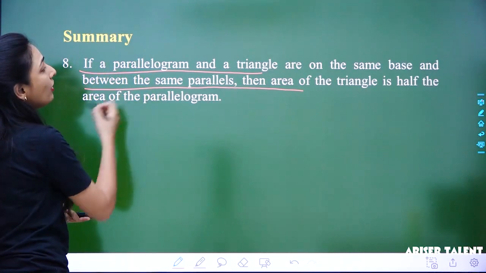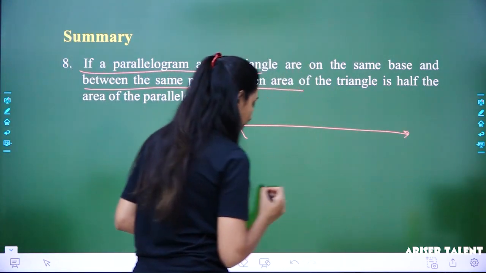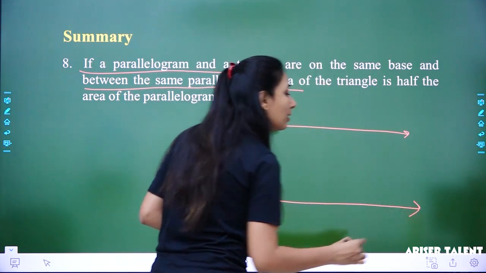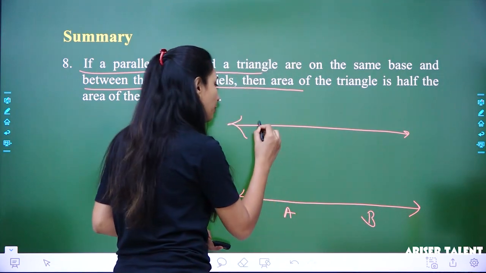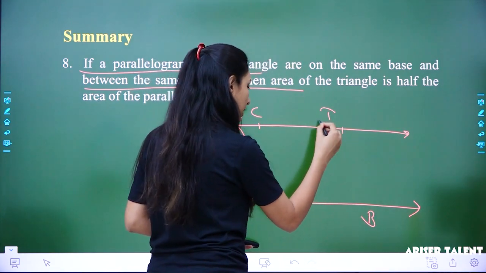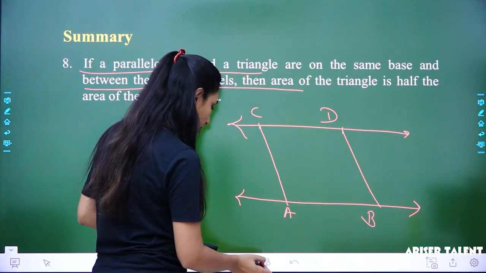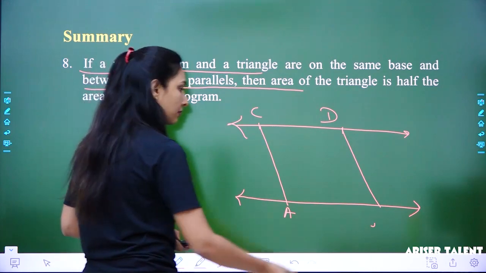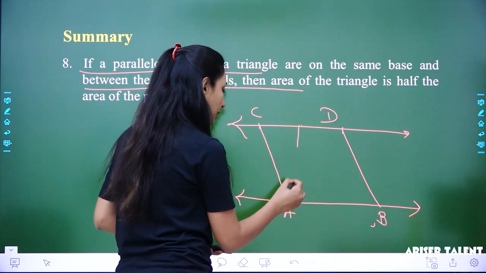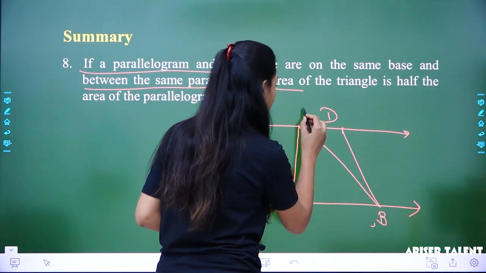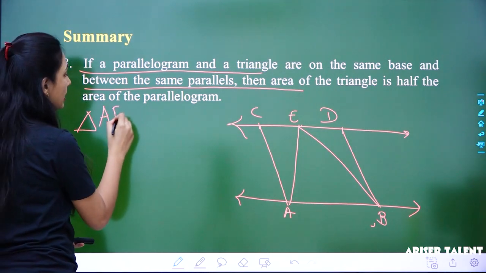Now, if a parallelogram and a triangle are on the same base, what is the relation between the parallelogram and the triangle if they have equal bases or the same base? So, if this is A, B, C and D, we have this parallelogram ABCD. And we have some point here, and we have this triangle AED.